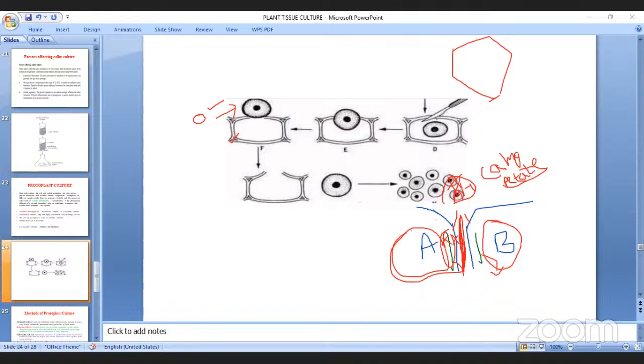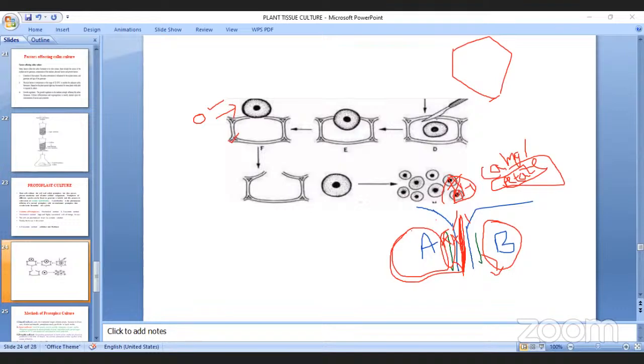The middle lamella is mainly made up of pectates, calcium magnesium pectate. That's why the enzyme acting on pectate is named pectinase. And the primary layer is made up of cellulose and hemicellulose. That's why the enzymes acting on it are cellulase and hemicellulase.